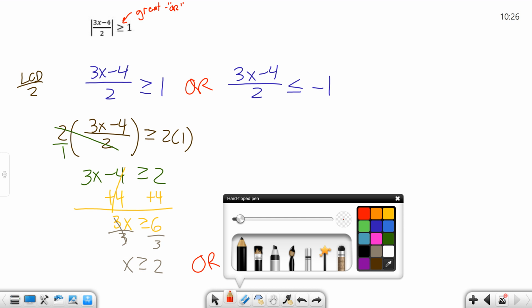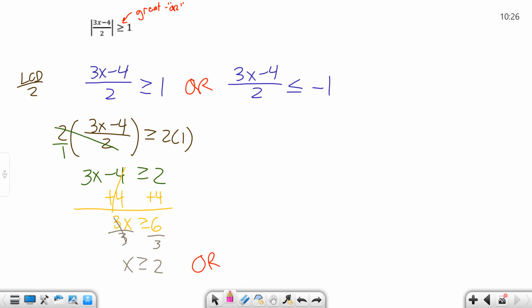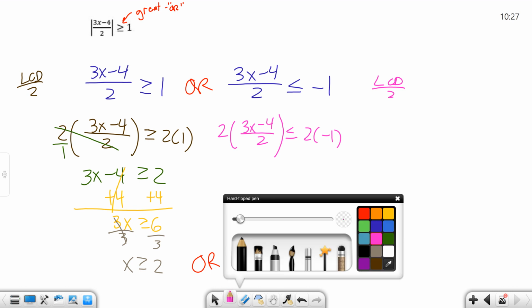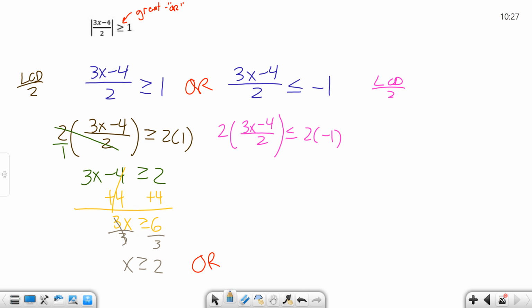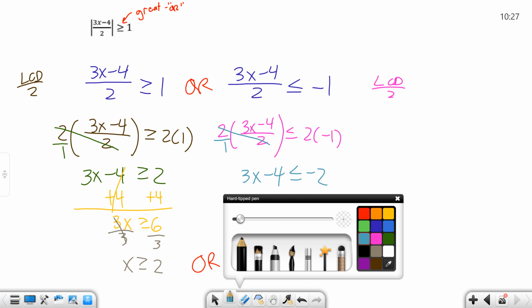Let's see, I'm going to do the same thing. What's my LCD right here? 2. So I'm going to say 2 times 3x minus 4 over 2 less than or equal to 2 times negative 1. And then I'm going to say, okay, wait a minute, this is going to be over 1. That divides out, and I get 3x minus 4 is less than or equal to negative 2.